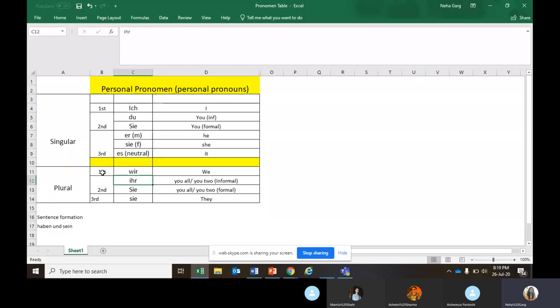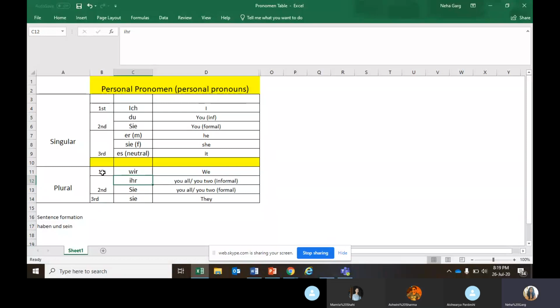Dann haben wir ihr. Second person plural, which means either you two or you all. When I'm talking to 2 people or more than 2, it would be ihr. That is informal, with small i. Then again we have Sie.